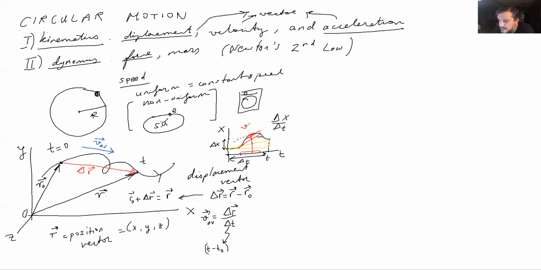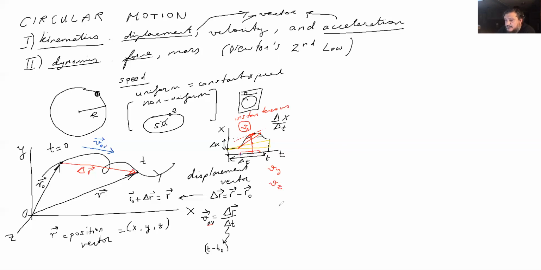I'm just going to write v there. That's the instantaneous velocity, not the average, but the instantaneous. Now imagine doing this not only for x, but also for y and z. So let's call this vx. You will have vy and also vz.